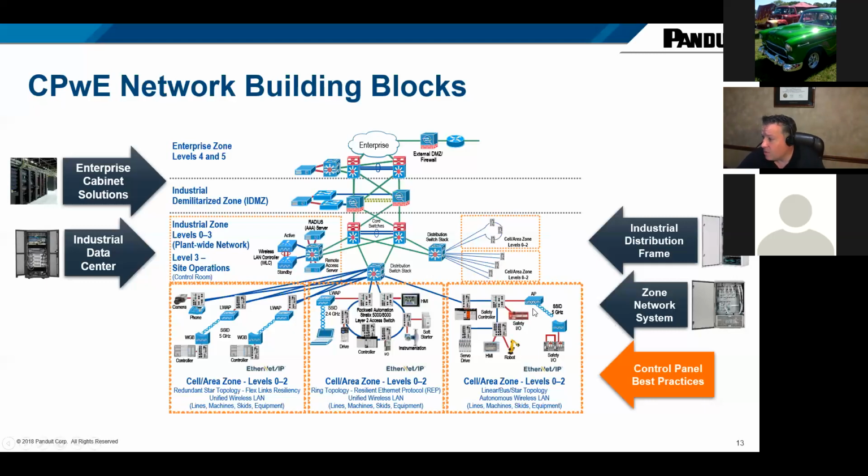A good example of changes recently is you can see the wireless down here, these little blue connections down at the cell area zone. Those were added in the last couple of years. One last thing I want to point out to you is once you're below the industrial demilitarized zone, you're in the industrial zone, which is layers 0 through 3.